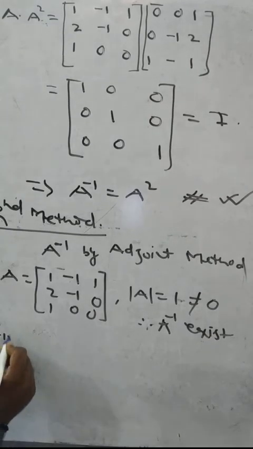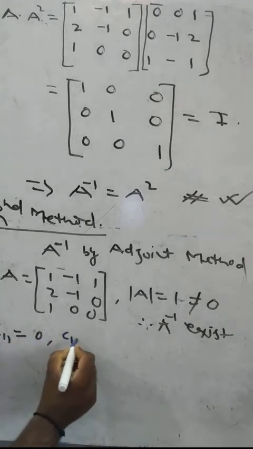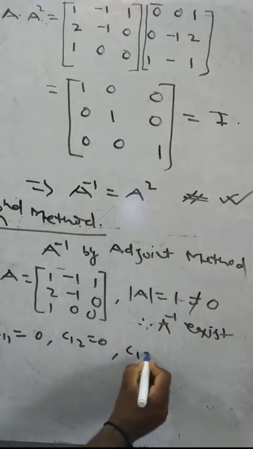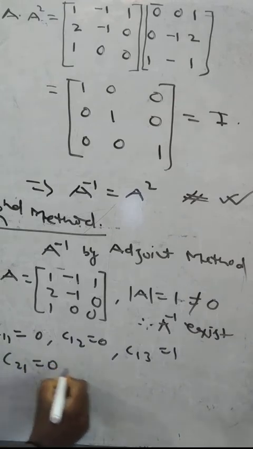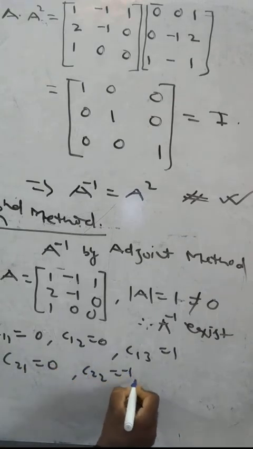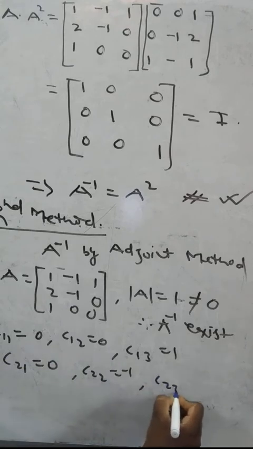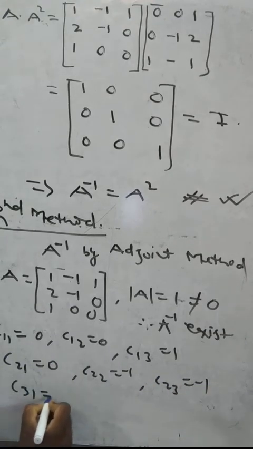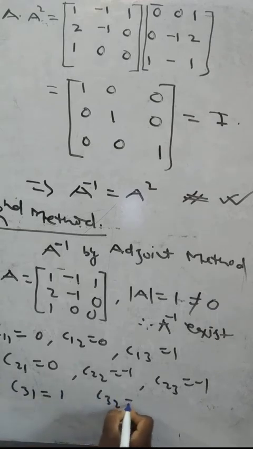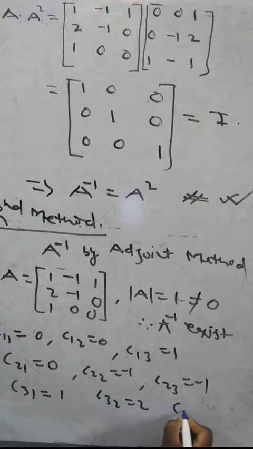So C11 is equal to 0, C12 is equal to 0, C13 is equal to 1, C21 is equal to 0, C22 is equal to minus 1, C23 is equal to minus 1, C31 is equal to 1, C32 is equal to 2, and C33 is equal to 1.